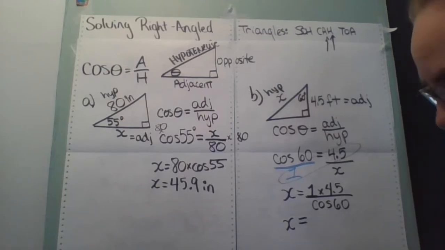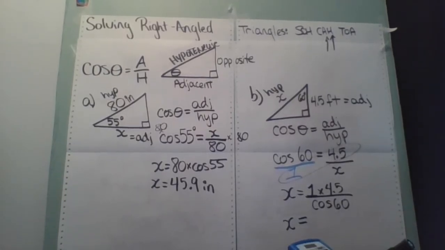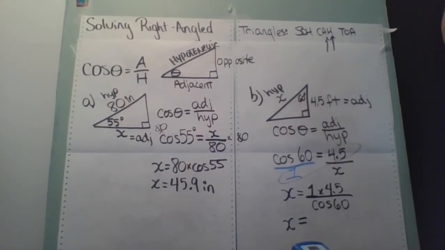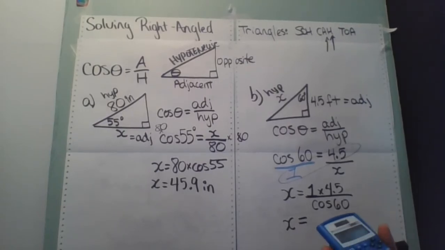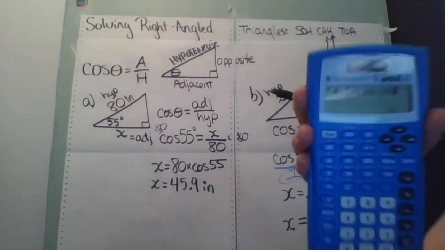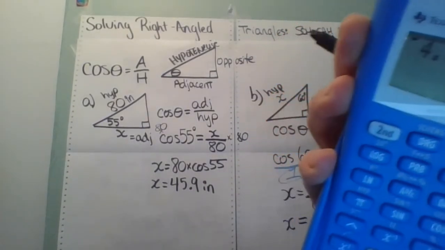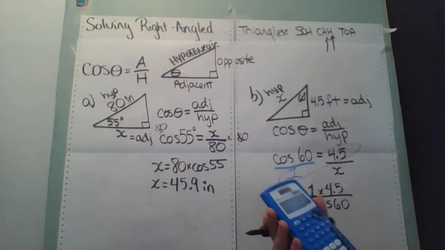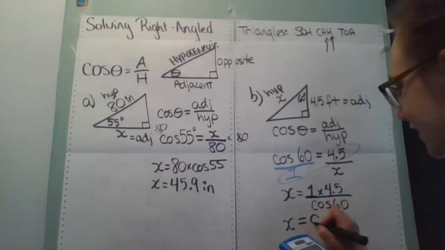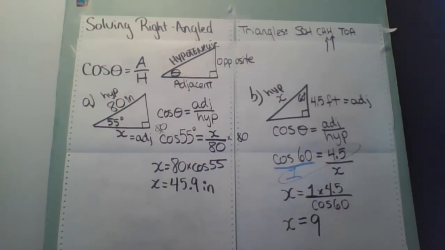Type it just like that in your calculator. You can even type in the 1 times if you want. Divided by cosine 60. Okay. Oops. I don't know if you can see it all. So there's my 4.5 divided by cosine 60. Enter. 9. Oh, I like that one.